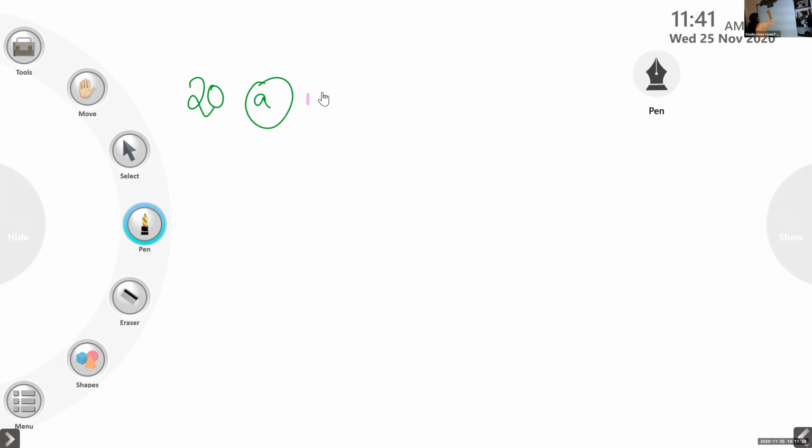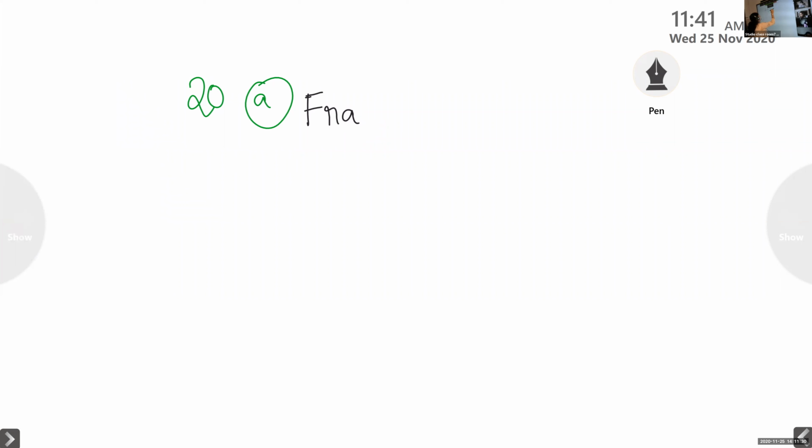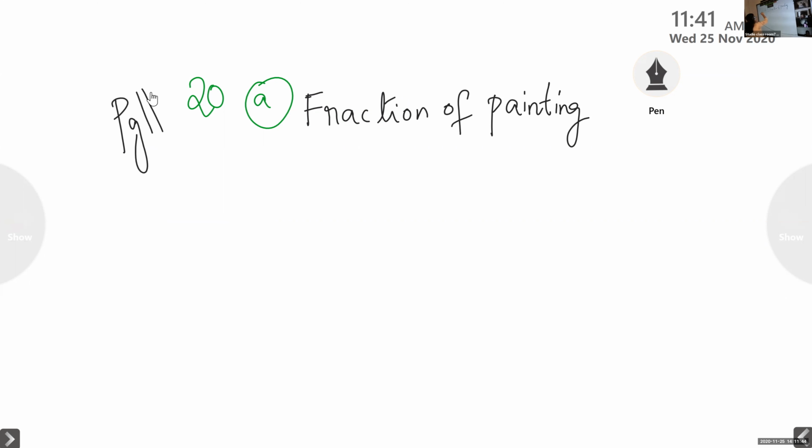Children, you can start. We can do together. This is page number 25. Question number 20A. Fraction of painting Nizam did at school.